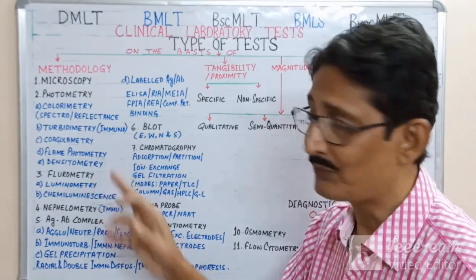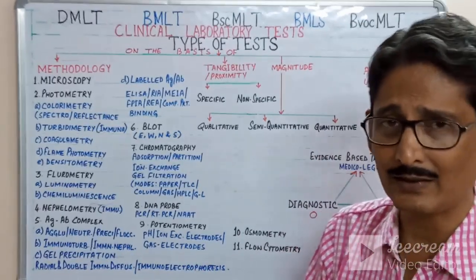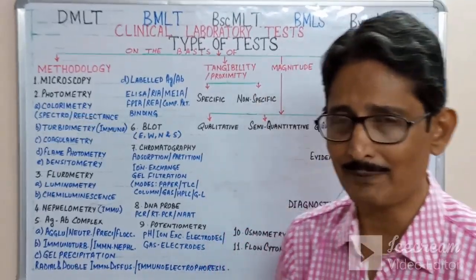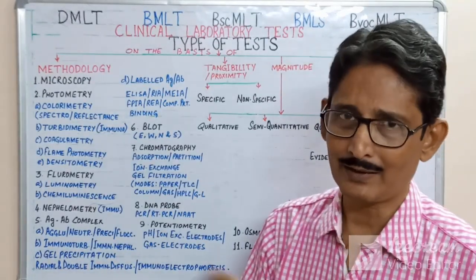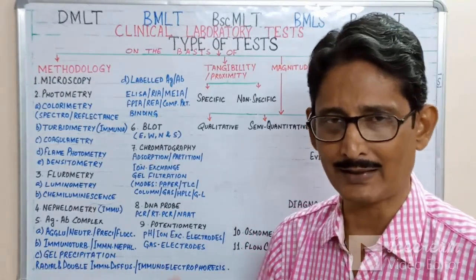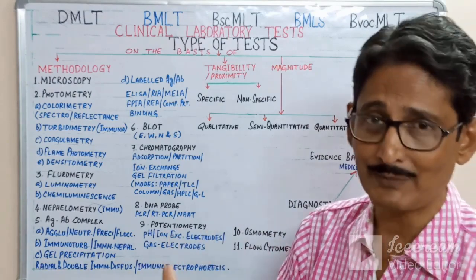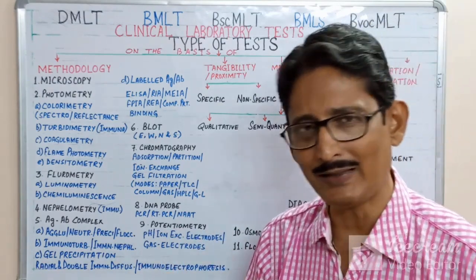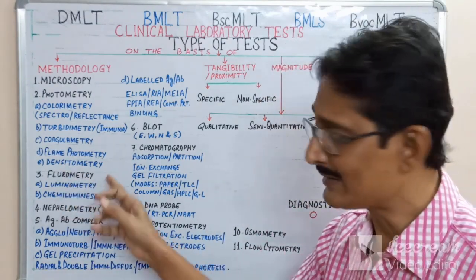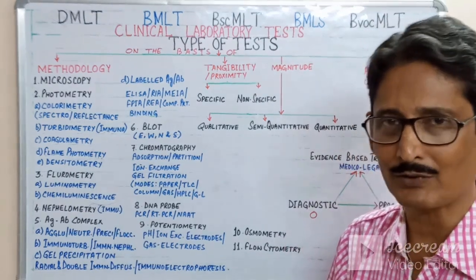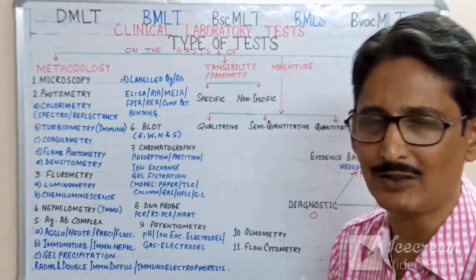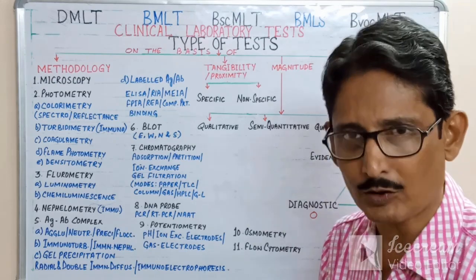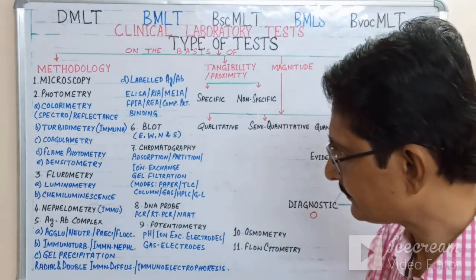Flame photometry, as all of you who have studied at BSc level know, is about the burning of sodium-like elements, where a flame is produced and the flame is measured by light. Densitometry is obviously the measurement of the density of a particular component or solution.